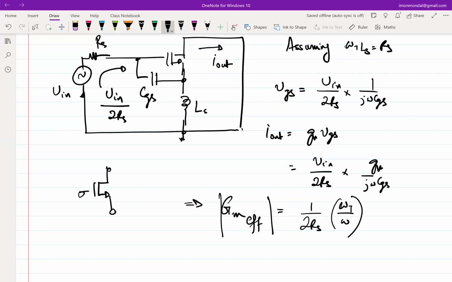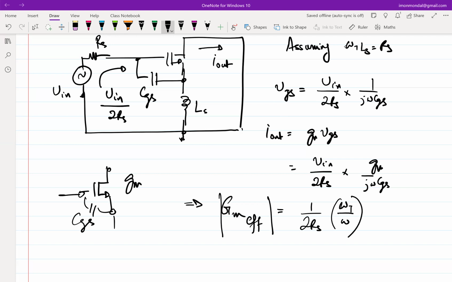Let's say I want a certain GM and I have a certain CGS associated with it. I want to maximize this GM over CGS. So what should I do? I have two handles: W by L and overdrive. So what should I do?